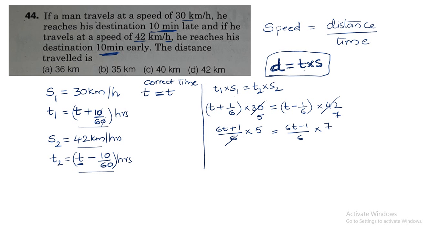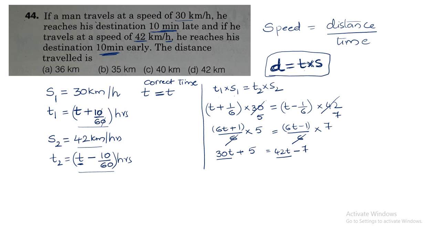Now in the denominators I can cancel out this 6 and 6. Then finally what I can do here? I can multiply. So 5 into 6t gives me 30t plus 5 into 1 is 5, is equal to, here 7 into 6t is 42t minus 7 into 1 is 7. Now since we have t terms and numbers, we can transpose those t terms and numbers onto one side.